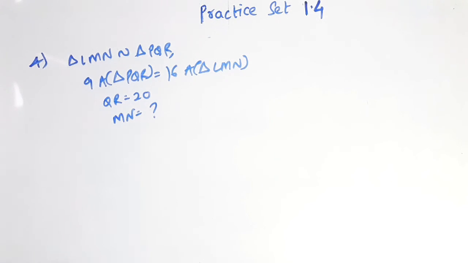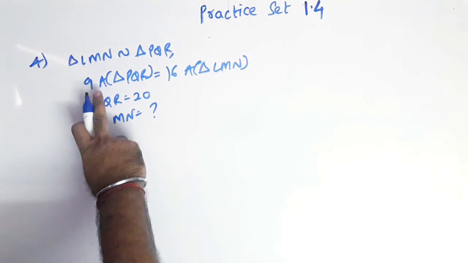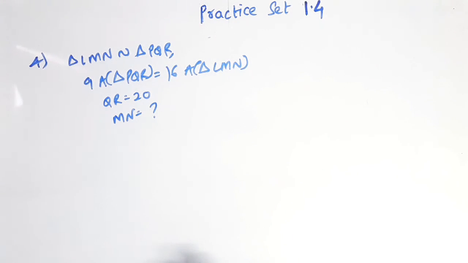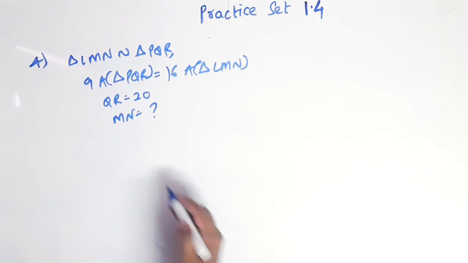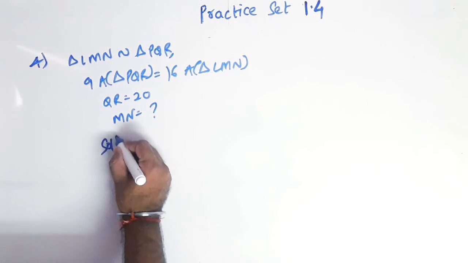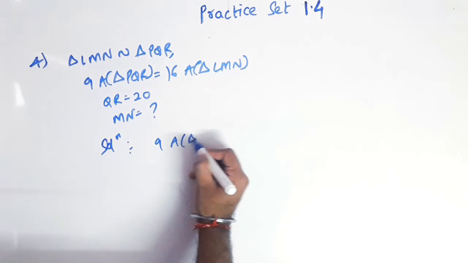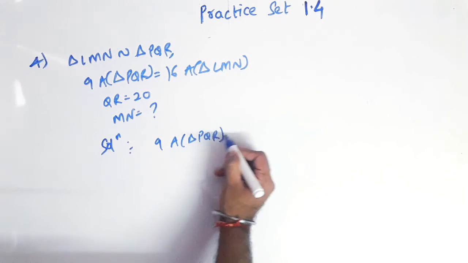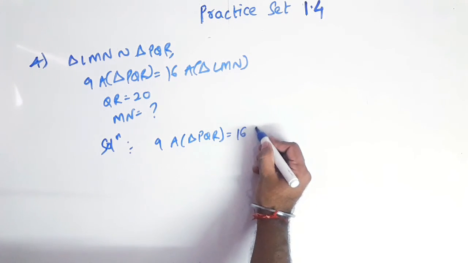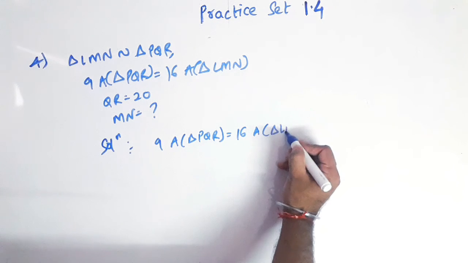Okay, the fourth one, you can see triangle LMN is similar to triangle PQR and 9 times area of triangle PQR equals 16 times area of triangle LMN. So I can write it like this: 9 times area of triangle PQR equals 16 times area of triangle LMN.